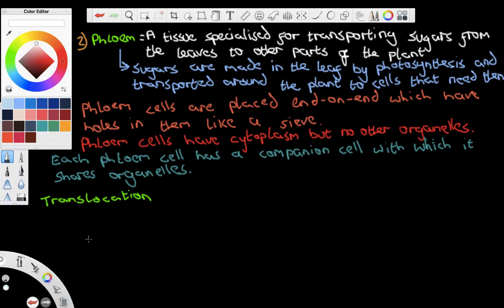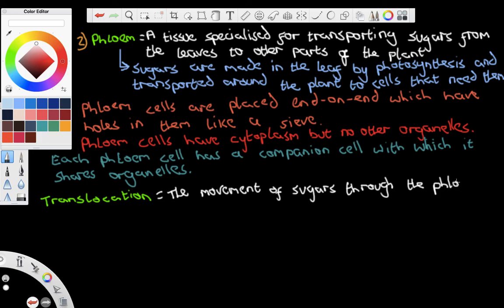Translocation is the movement of sugars through the phloem of a plant. Okay?